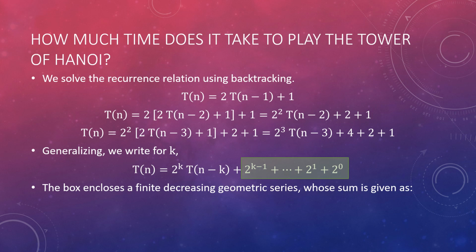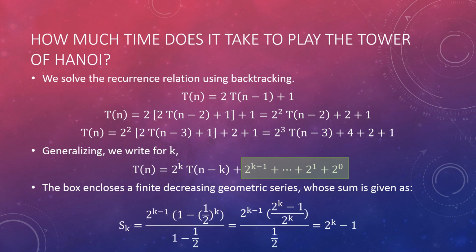How many terms are here? From k minus 1 to 0, there are k terms. What is A? 2 to the power k minus 1. What is the ratio? 1 upon 2. Putting all these things in the formula for summation of a finite decreasing geometric series, I get this.